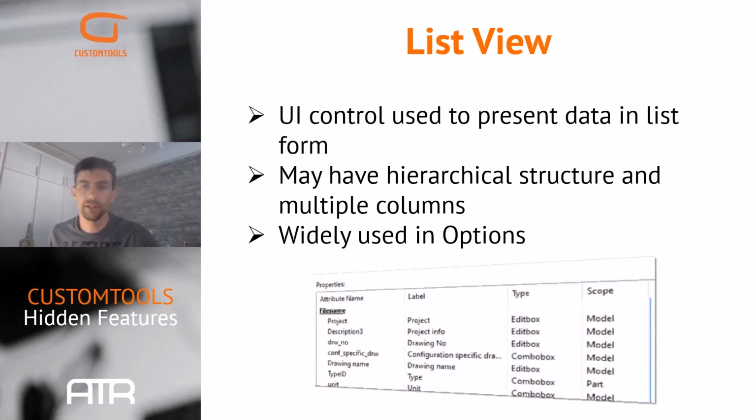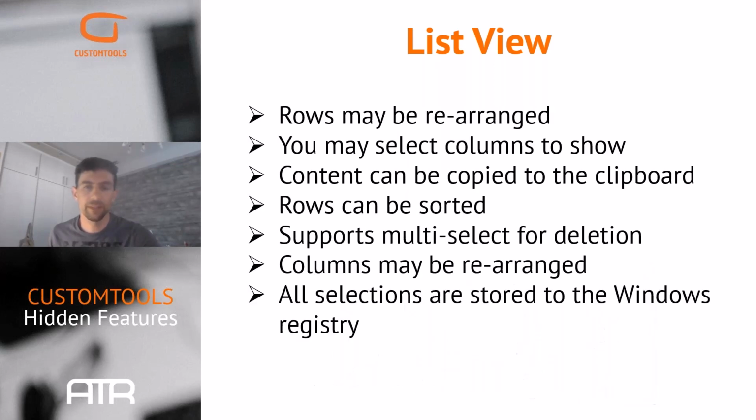For instance, it's instrumental in displaying search results or facilitating the exploitation of bill of materials. The versatility and widespread use of the list view make it an essential component of our product's interface. We will explore its functionalities and delve into how it can enhance your experience and productivity.